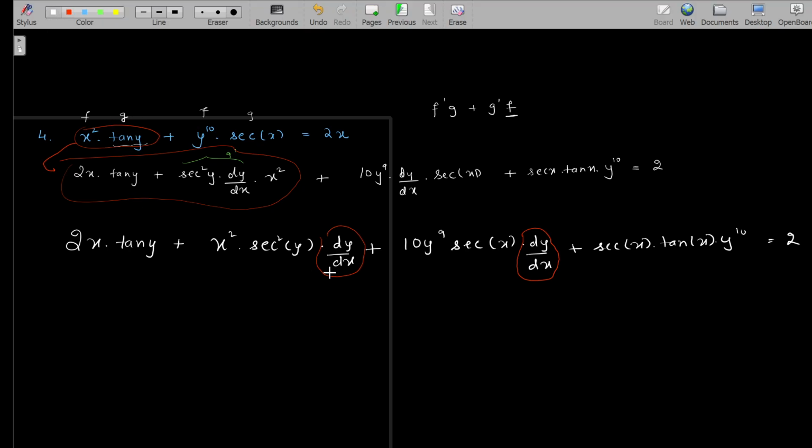So you can just factor out dy over dx and bring everything else to the other side. Remember your goal: we are trying to find the value of dy over dx.